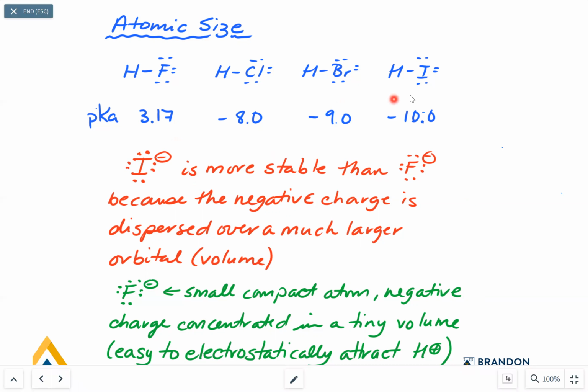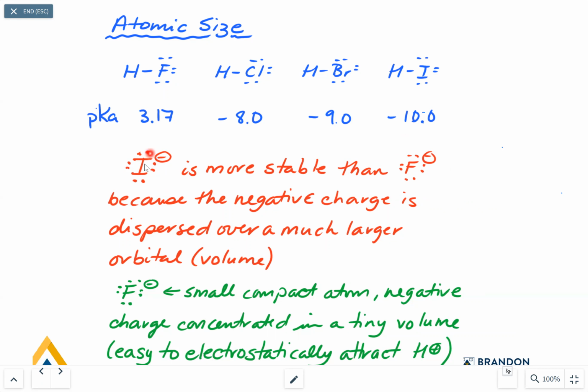But a better way to do this analysis is to look at the negative charge and see how it's stabilized. With fluoride, the valence orbital is in the second shell, so it'll have all of its 2p orbitals filled, its 2s orbitals filled. So that's basically this noble gas configuration here.